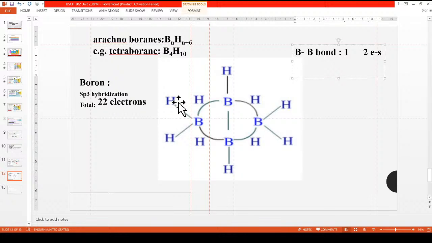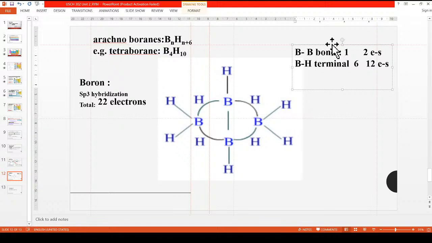In this case, 6 terminal boron-hydrogen bonds are present, and for one bond it requires 2 electrons, so a total of 12 electrons are used here.